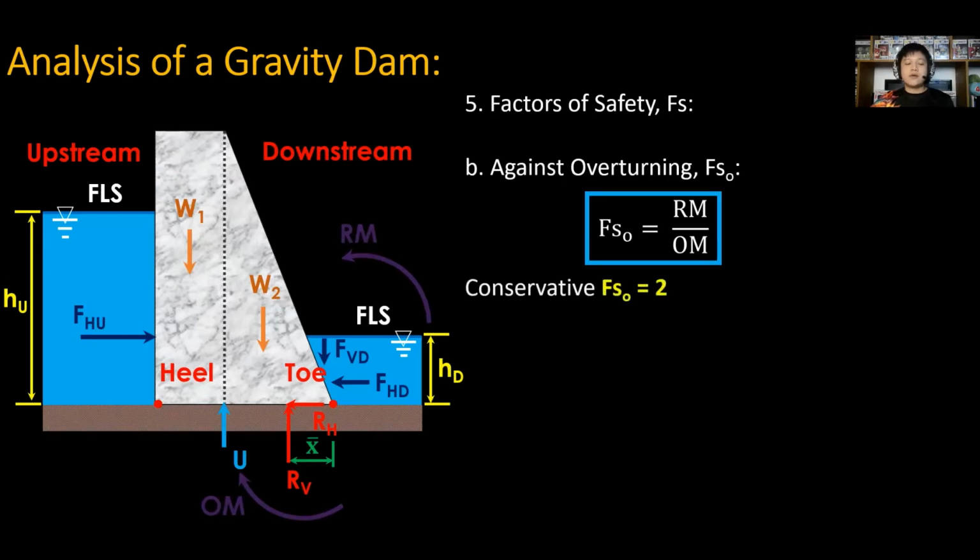The conservative factor of safety, or FSO, value for the design is 2. But again, same as against sliding, as long as the value of the factor of safety is greater than 1, ideally it is still safe.